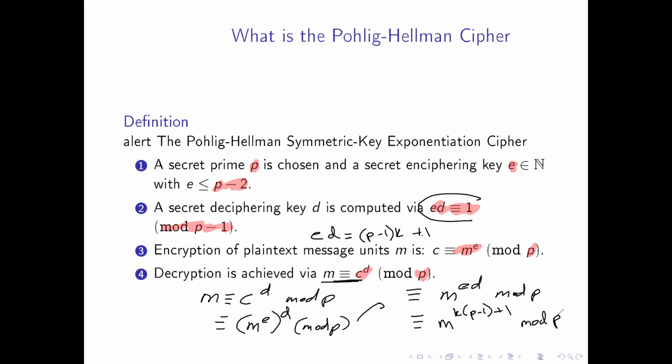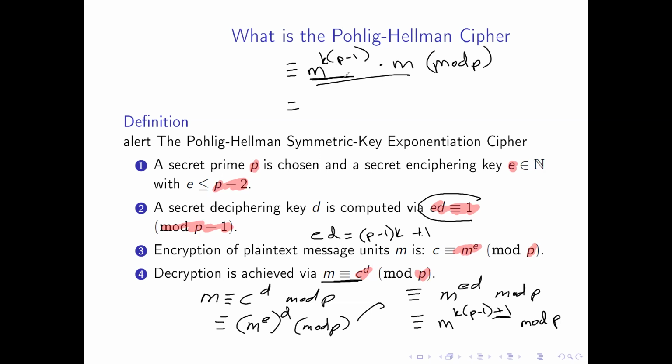I'm trying to keep it on this page, so excuse me while I do some more writing up towards the top. But that's the same thing, just using what you know about exponents. This is M to the K to the p minus 1 times M mod P, because when we have the plus 1 in the exponent, that turns into multiplication.